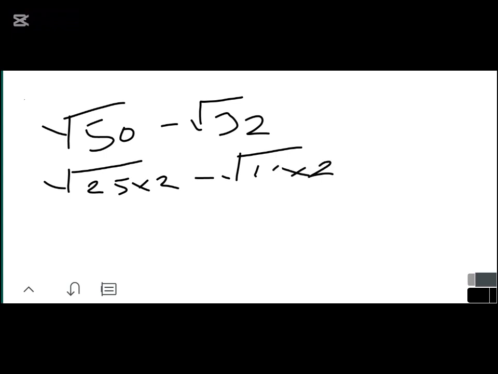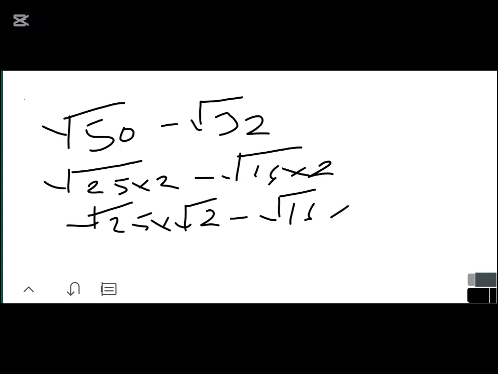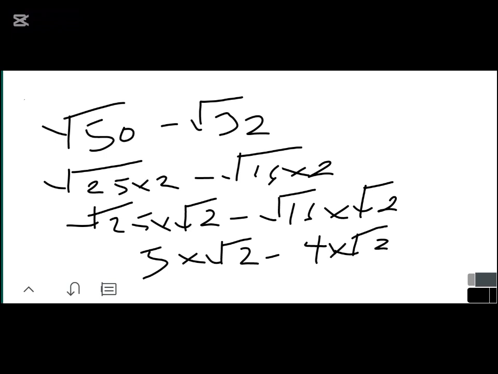Then we write them separately as usual. Square root of 25 times square root of 2 minus square root of 16 times square root of 2. We know that square root of 25 gives us 5, multiplying square root of 2, minus square root of 16 gives us 4, multiplying square root of 2.